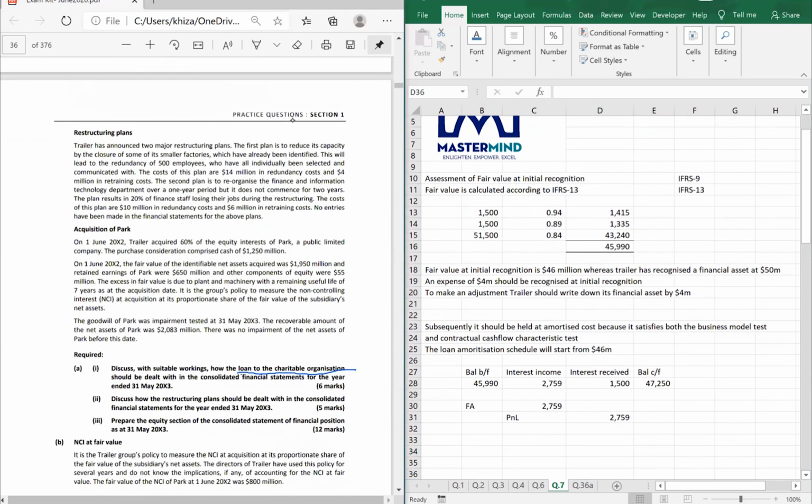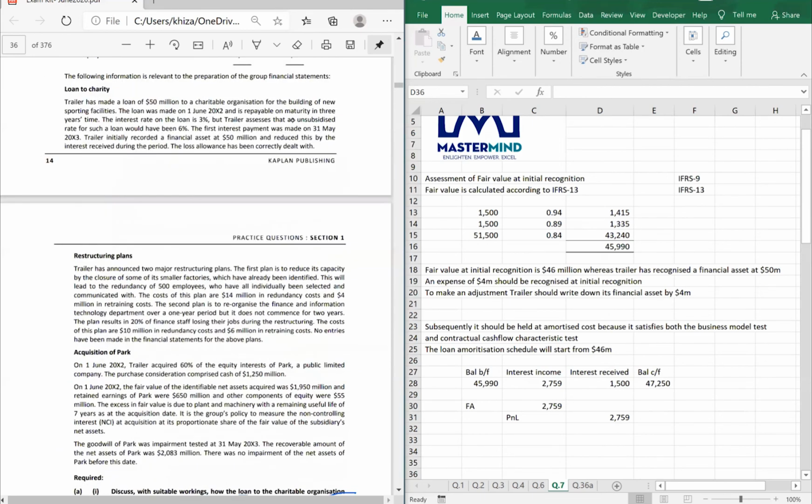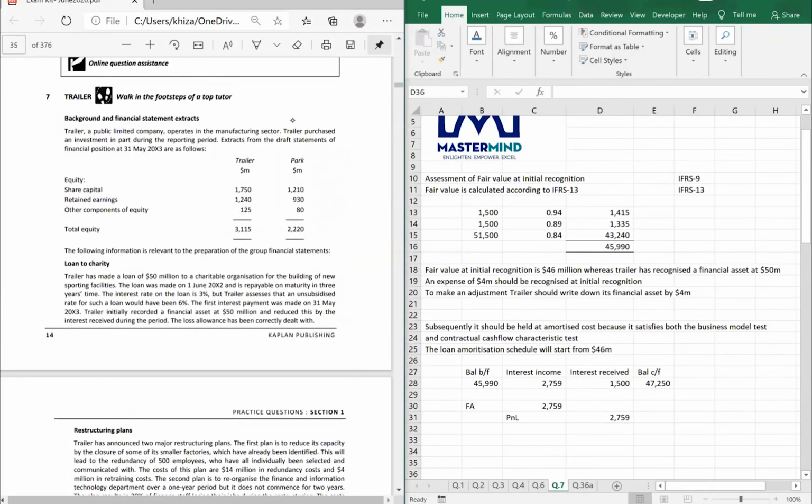The question says: discuss with suitable business how the loan to the charitable organization should be dealt with in the consolidated financial statements for the year 31st May 2023. We have stated how. Did they ask us for the correcting entries? No. So there are no marks for it, and if you write it down, you're wasting your time.